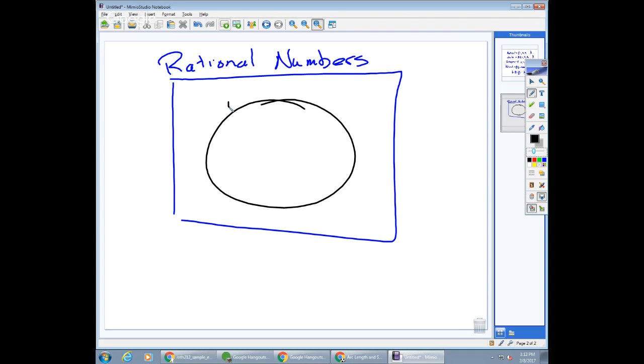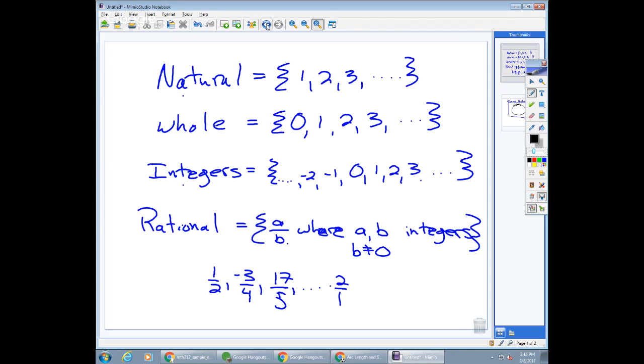And the integers live inside there. What about the whole numbers? Are the whole numbers part of the integers, for example? Yeah. So the whole numbers live inside the integer set.